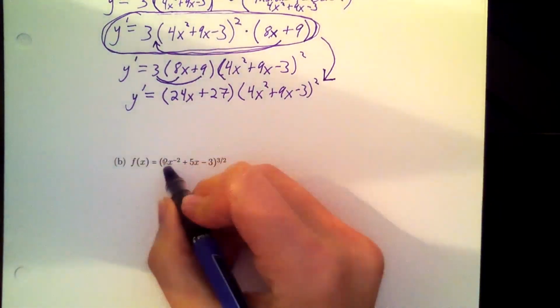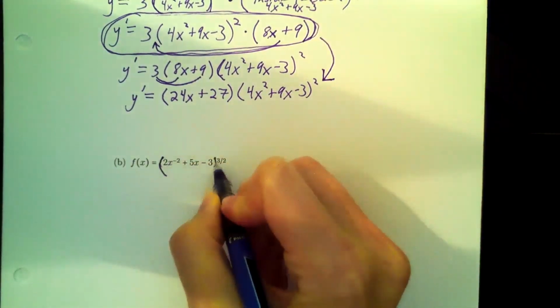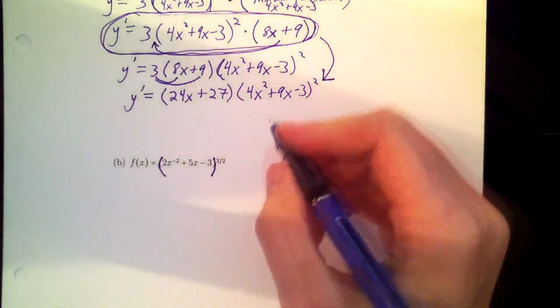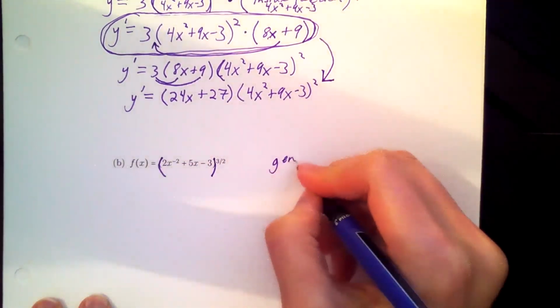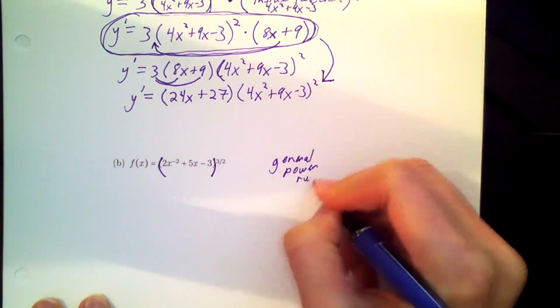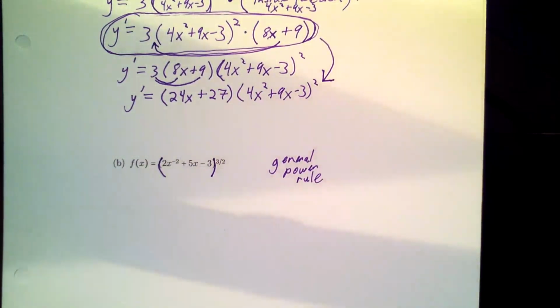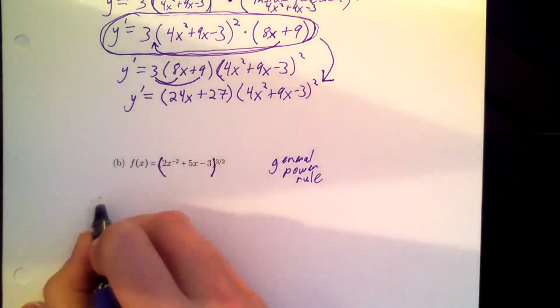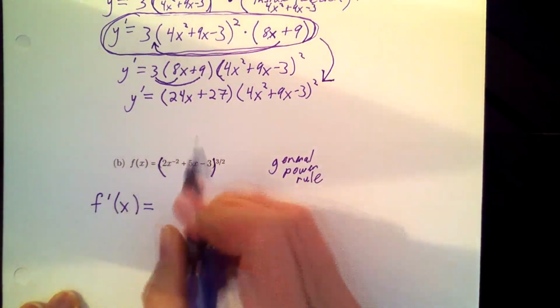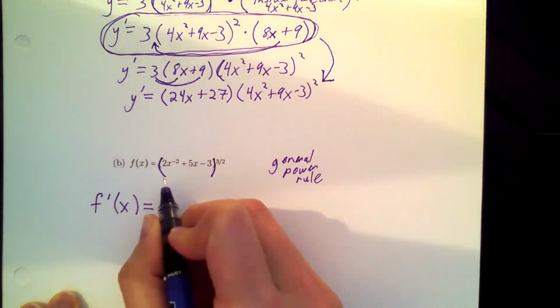But what this is, is something in parentheses raised to a power. It's raised to the 3/2 power. So this is now one of these new cases where I would need to use this general power rule that we're learning today. Something in parentheses to a power. So for that, we say that my derivative, f prime, is, and we do the power rule.